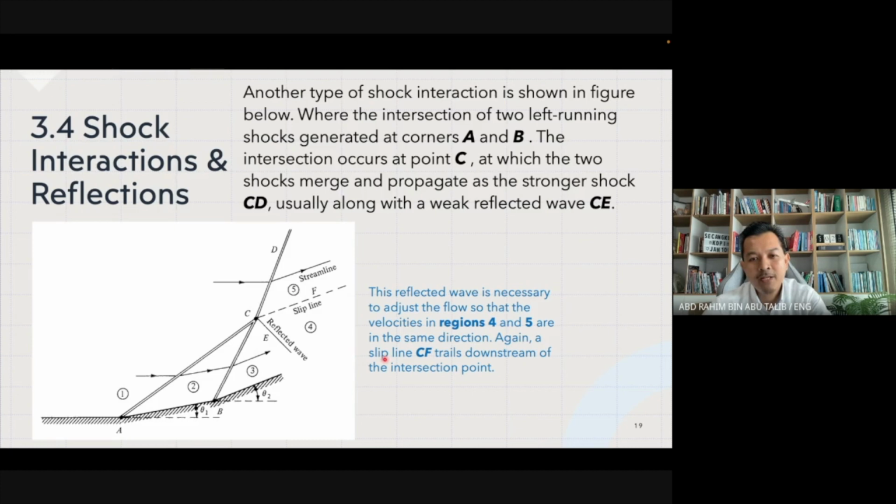Again, the slip line CF trails downstream of the intersection point. So you can see that it's not just one type of oblique shock. There are reflected shocks, and we have shocks intersecting from top and bottom. It can also be considered if we have a complex geometry.